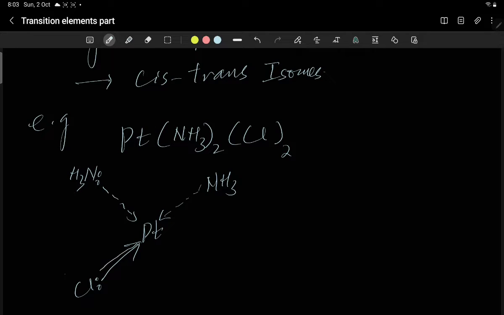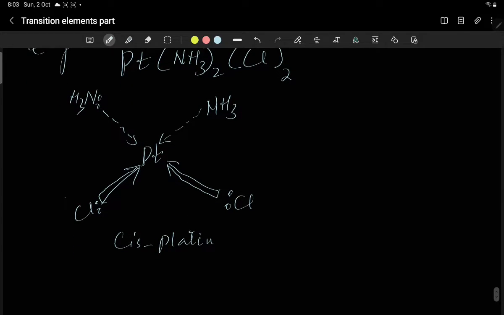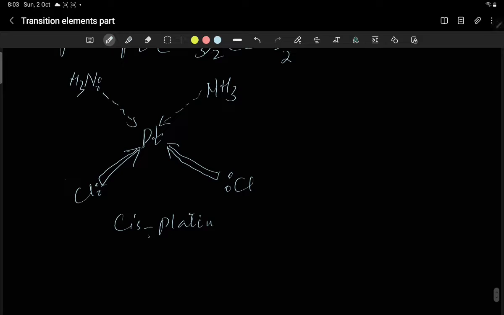So draw two wedges and two Cl. So this is cisplatin and cisplatin is an anti-cancer drug.